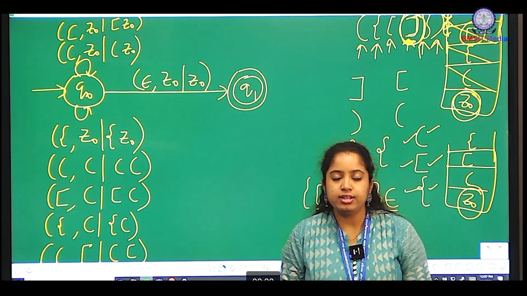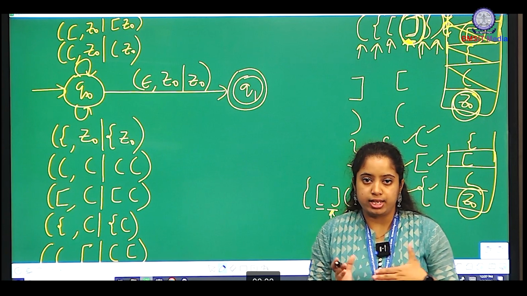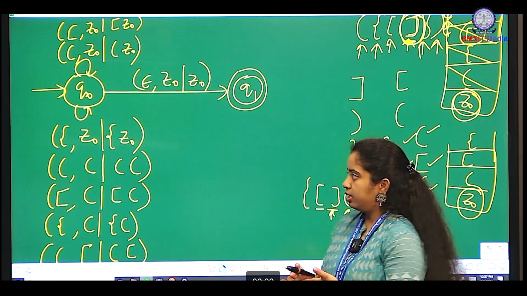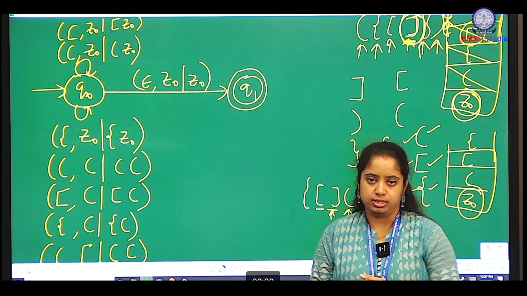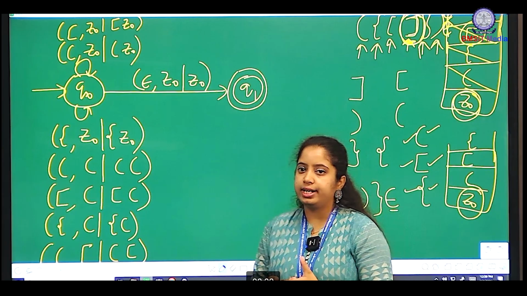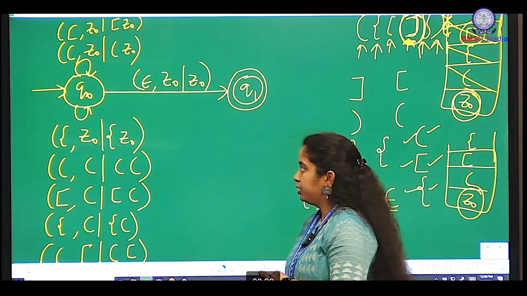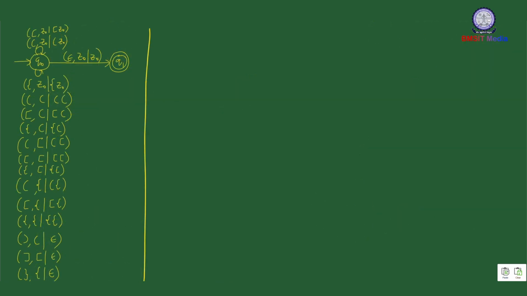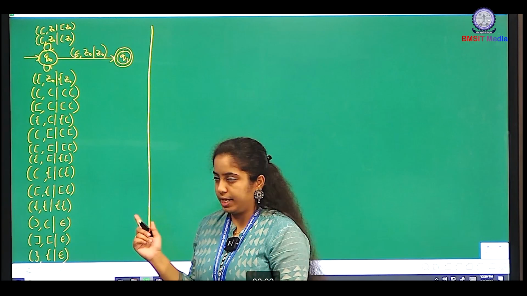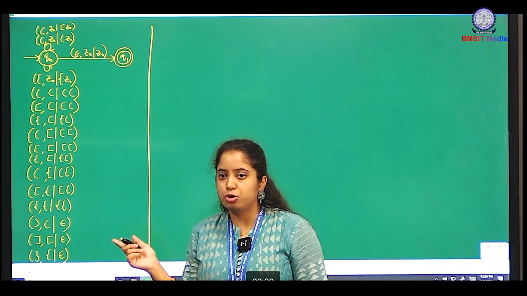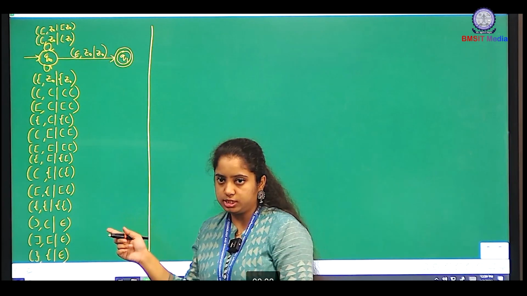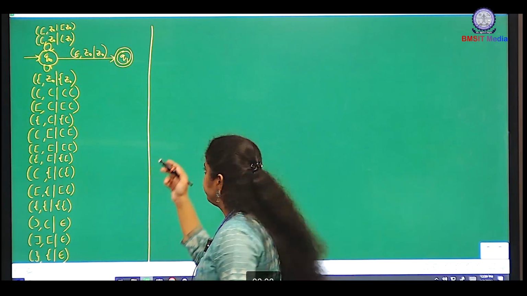The language said that it should accept balanced parenthesis. So, this will accept balanced parenthesis. I hope you can write the transition function for the same. If you want me to write, I can write it. I will just write a few of the transitions, and you can write the rest.